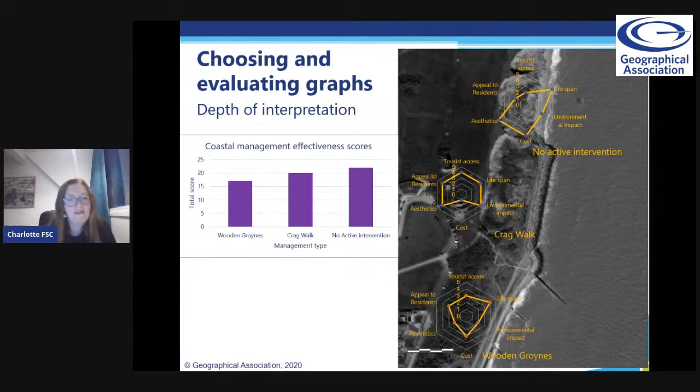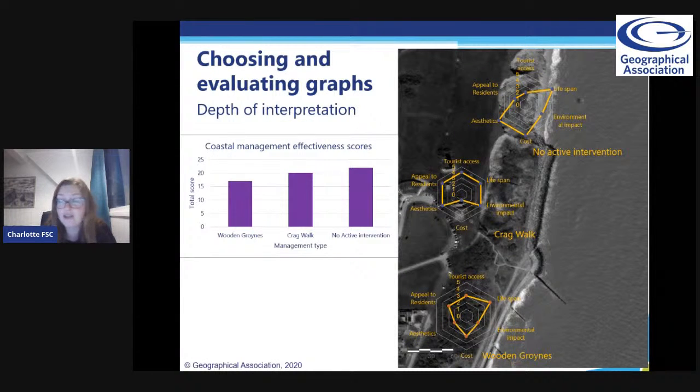However, what's good about these, which helps us over and above the bar graph, is that by reading each axis, you can see the individual scores. So you can see, for example, on the rock armour, the crag walk, it scored really well on lots of elements: aesthetics, appeal to residents, tourist access, lifespan, and environmental impact were all quite a good score.